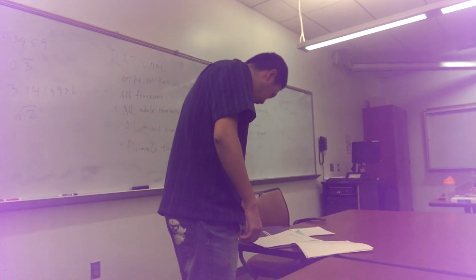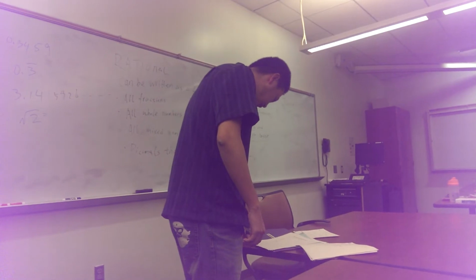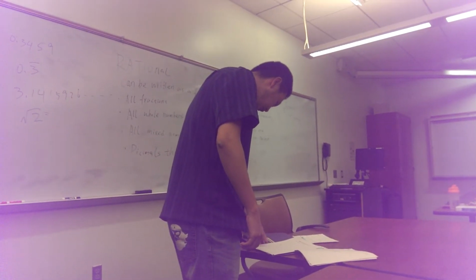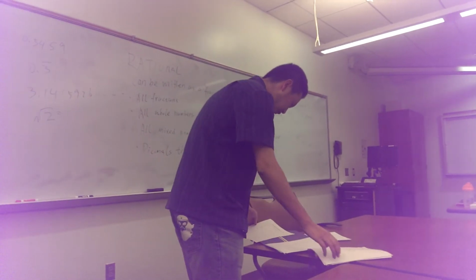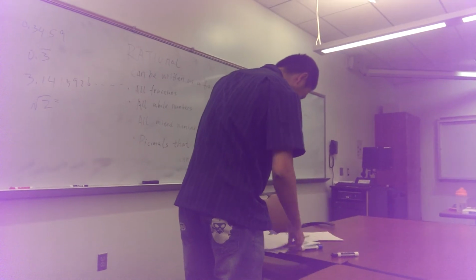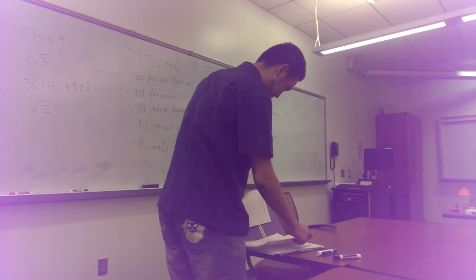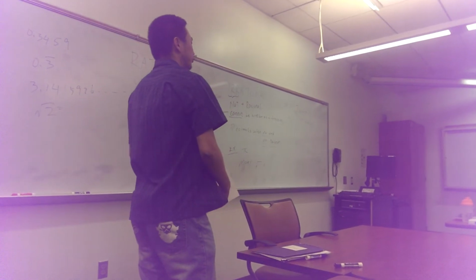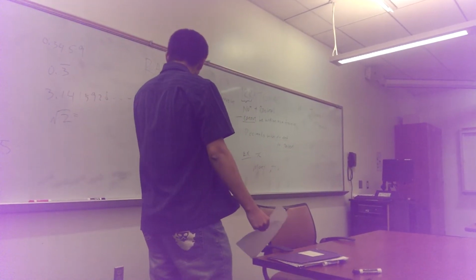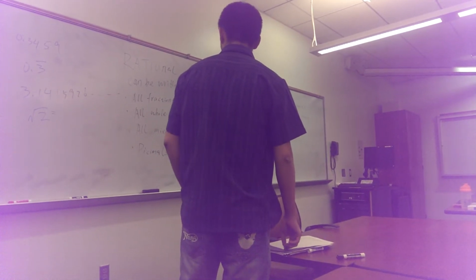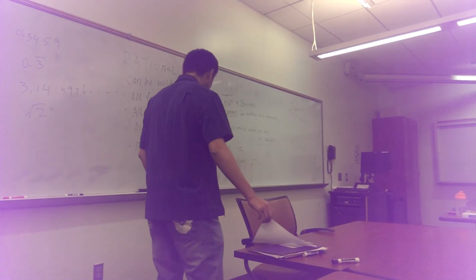It's repeating. It says decimal, no end. Negative doesn't matter. Is it either or both? Both, because you have to have a pattern. So a decimal with no end doesn't necessitate that it's irrational. It's just the pattern part.